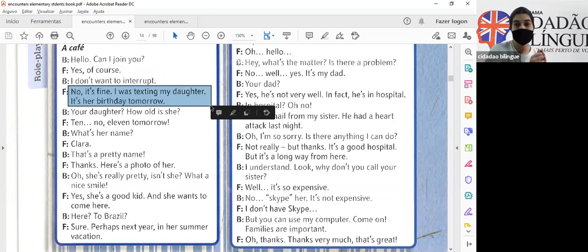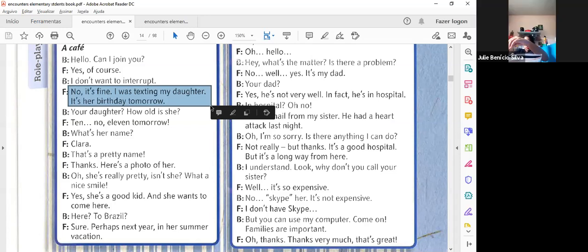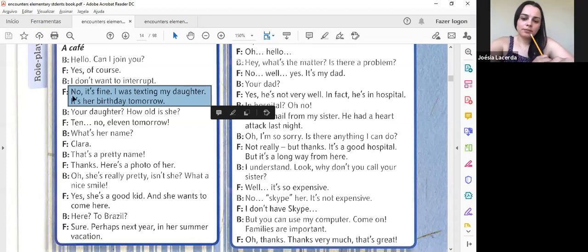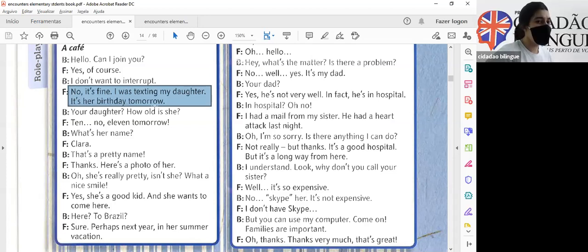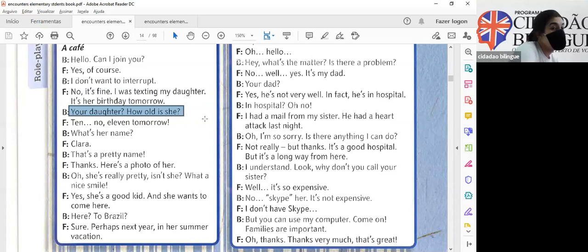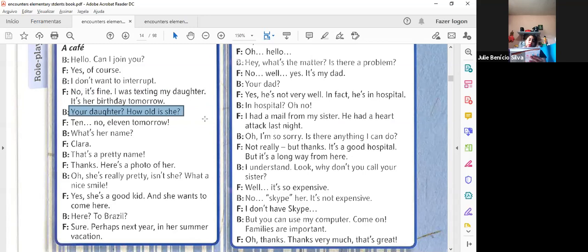To text é mandar mensagem. Okay? I was texting my daughter. It's her birthday tomorrow. Very good. Your daughter, how old is she? Sua filha, quantos anos ela tem? 10. No, 11 tomorrow.